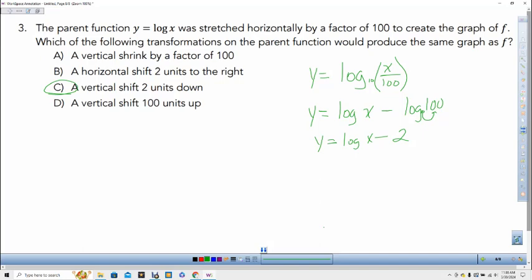Just using those properties to expand or contract to get it in a different form, we can find things out about the logs and their graphs and what's going on.